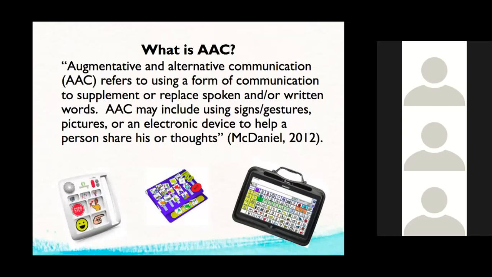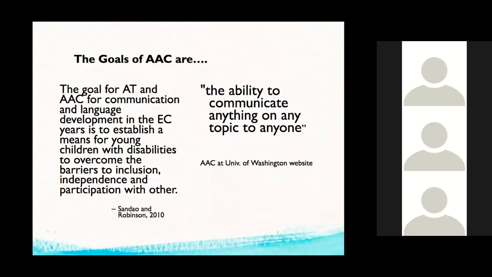And as we said, it could be gestures or signing or pictures, electronic devices, anything that's going to help a child communicate. And so the goals of AAC, I love this on the right. It's the ability to communicate anything on any topic to anyone.